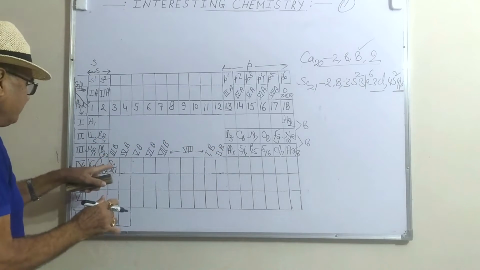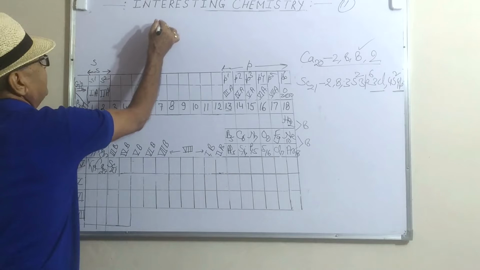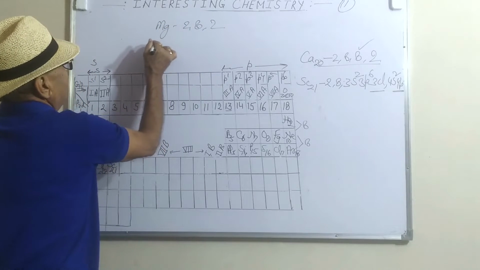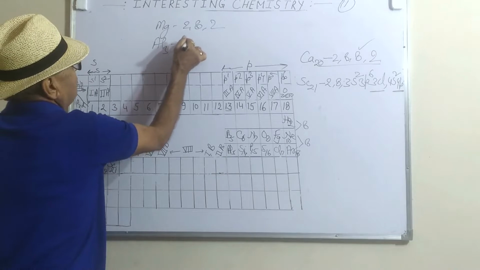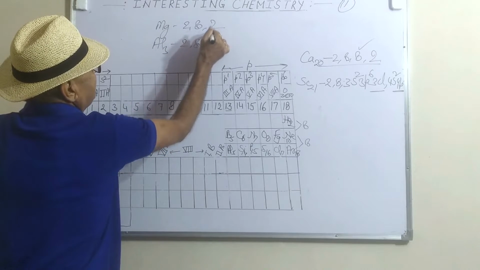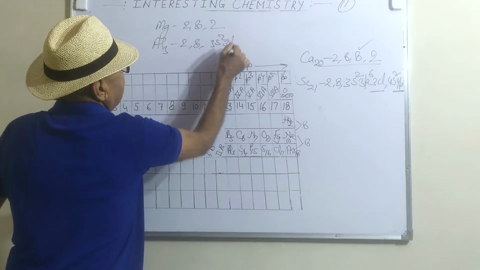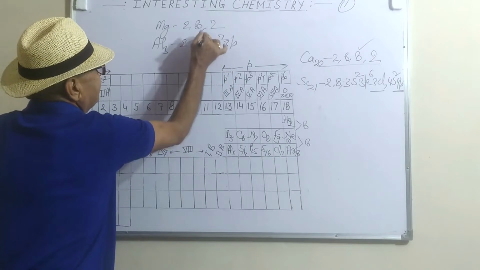In aluminium, suppose here 2, 8, 8, 2, and for aluminium 13, the 2, 8, and this one 3s2, 3p1, because here no d.